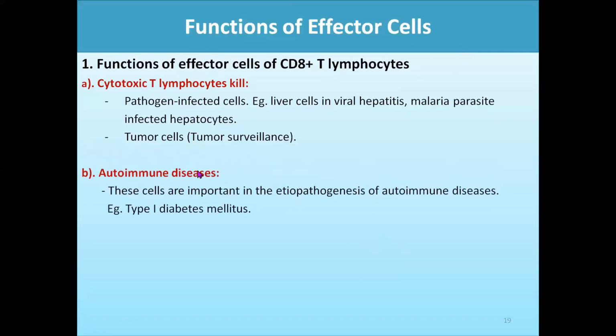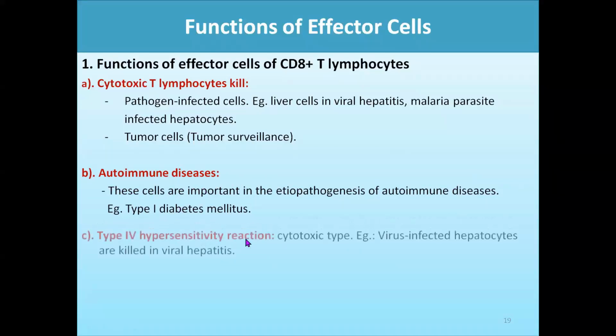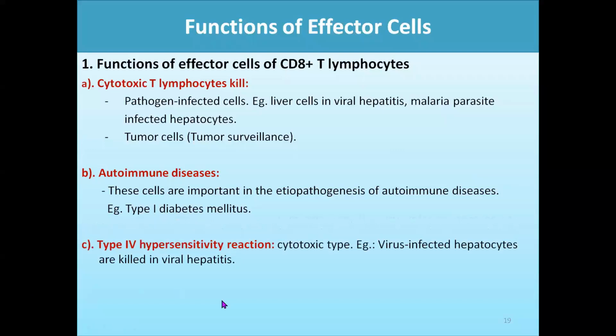In autoimmune disease processes, cytotoxic T lymphocytes are important in the etiopathogenesis of autoimmune diseases like type 1 diabetes mellitus. Cytotoxic T lymphocytes are important in the pathogenesis of type 4 hypersensitivity reaction, cytotoxic type.